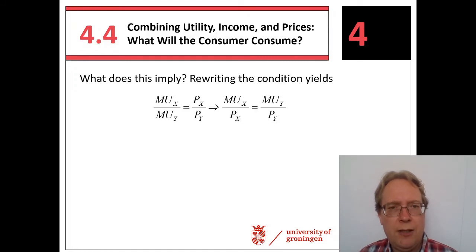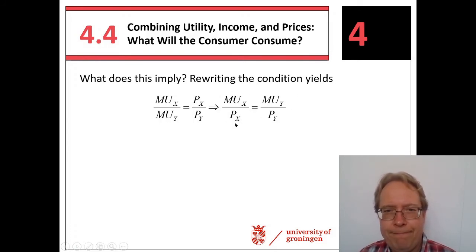Okay, so here's an interesting interpretation of that equality. Again, look at this equality, right? I can rewrite it a little bit. If I throw some things to one side and other things to the other side, I can write it like this. And that's interesting, because what do I have here?